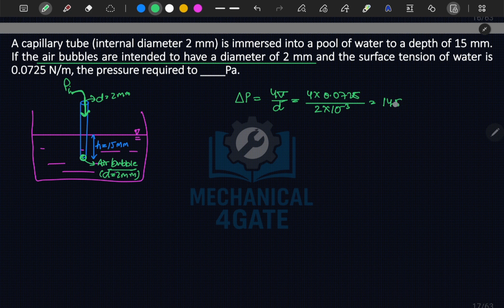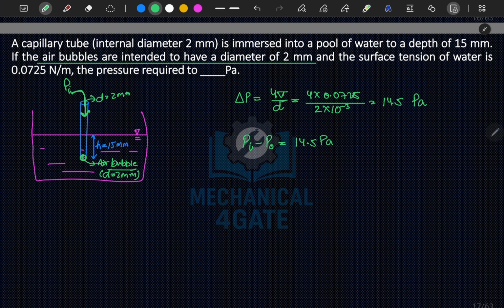So this is your delta P, and we know that delta P is P inside minus P outside, which is equal to 14.5 Pascal.